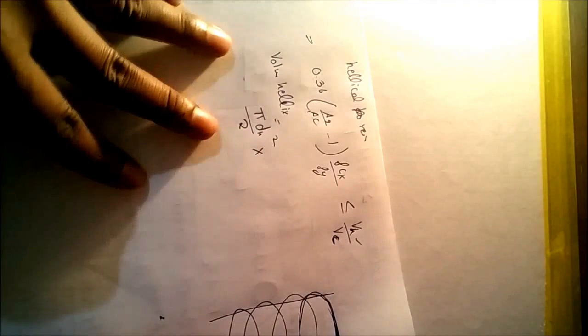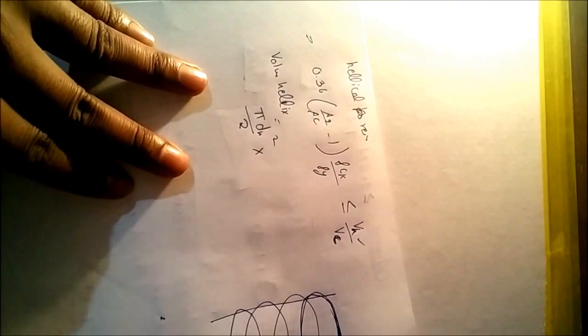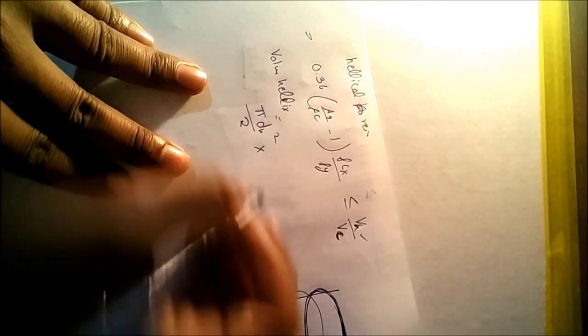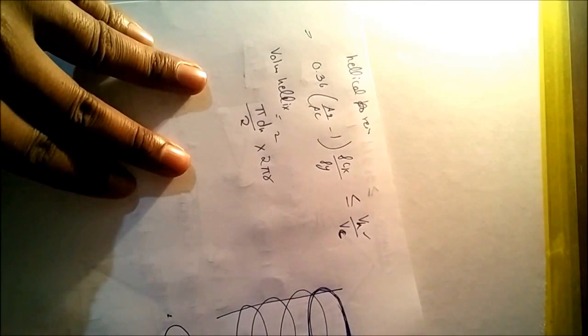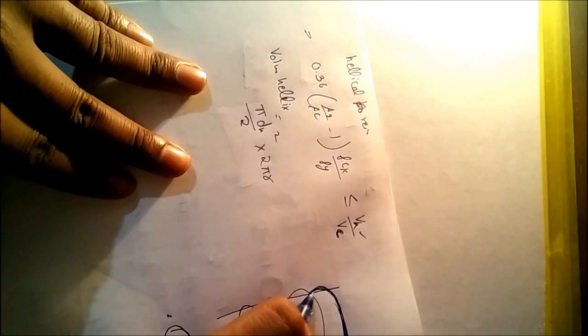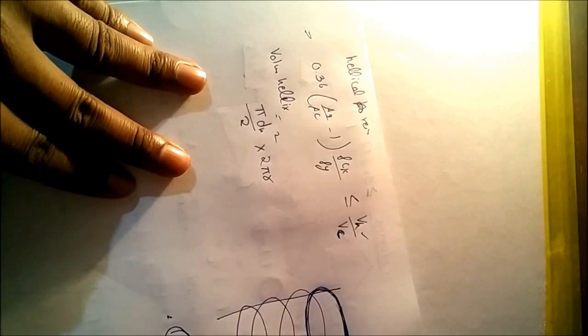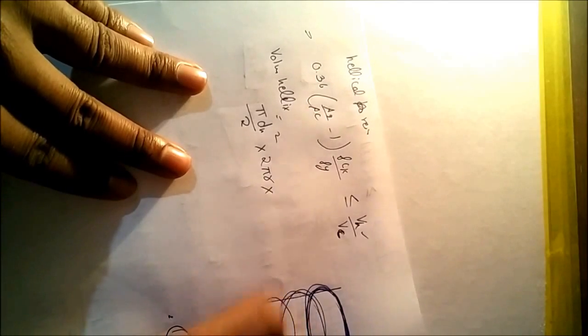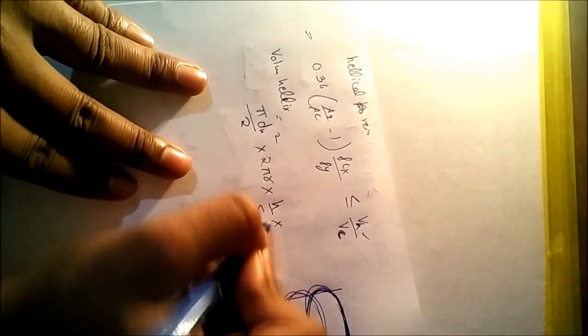We will consider this 2 pi r, the circumference, and neglect the deviation, taking it as circumference 2 pi r, into h upon s, into 1000.